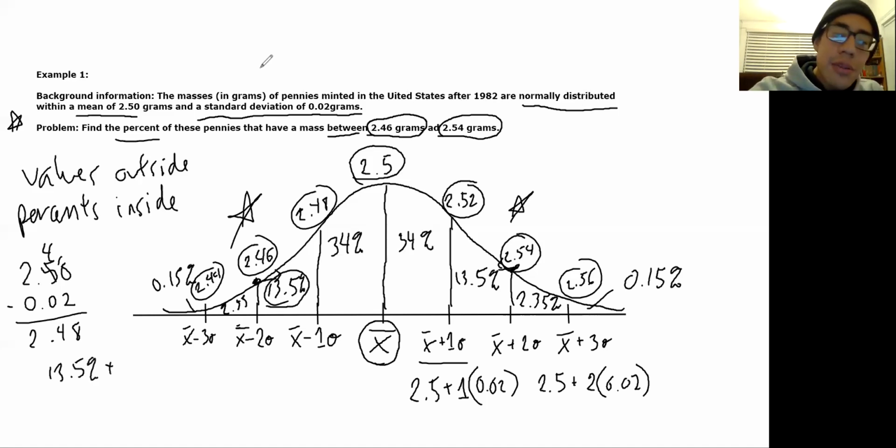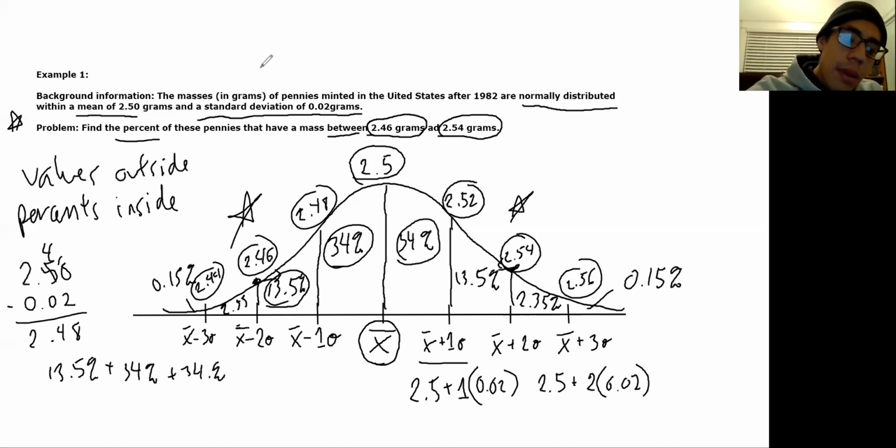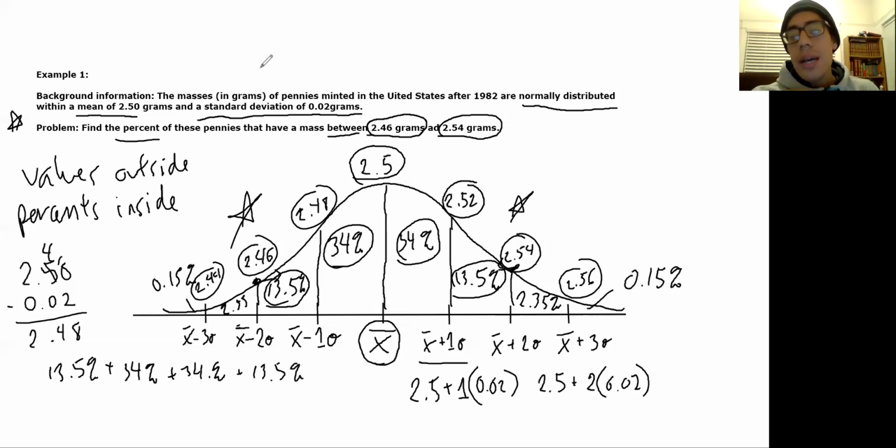I'm going to add it to 34%. I'm going to add that to the other 34% that I see there. I'm going to add that to the last 13.5. And I'm going to stop there because that's where it told me to stop. They only want to know those. So if I add all those together, I actually end up with 95%.